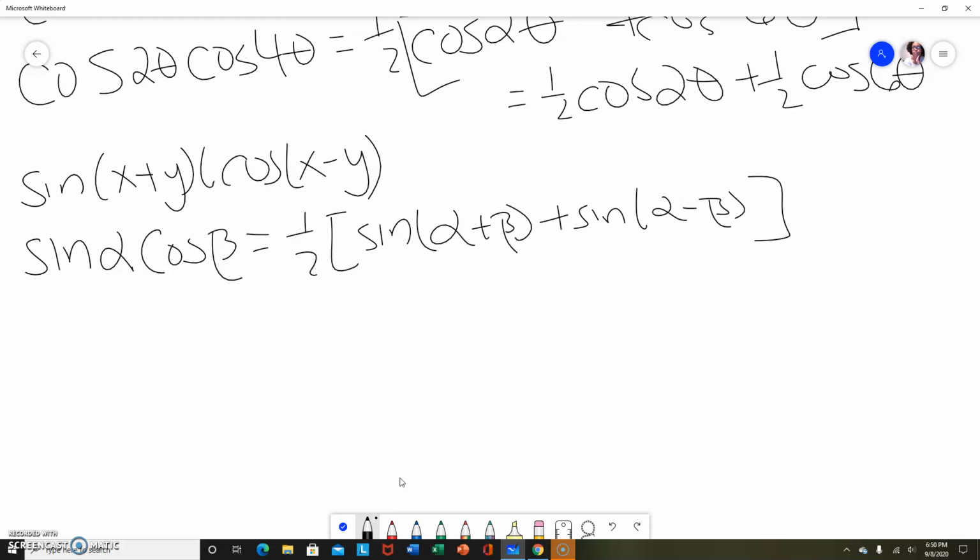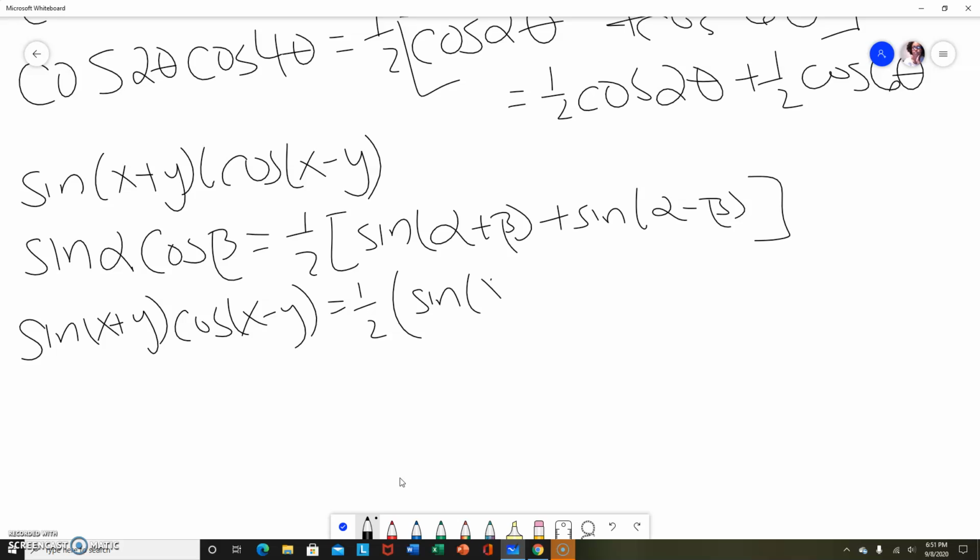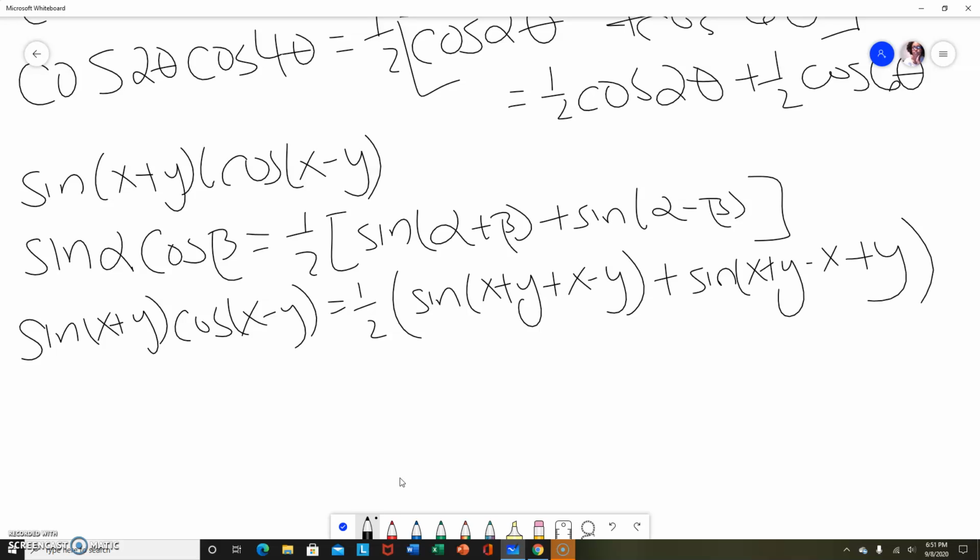Okay, so we'll plug in what we have. So sine of x plus y plus x minus y plus the sine of x plus y minus x plus y, because I had to multiply that negative through.